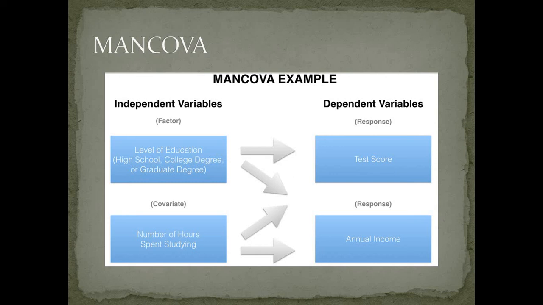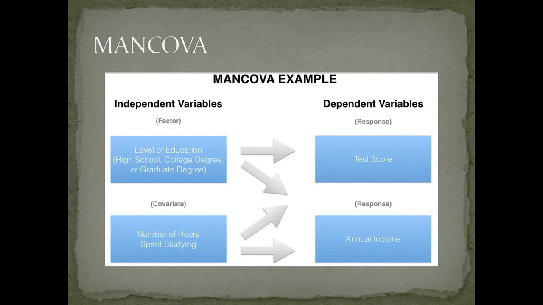So the first independent variable is categorical. The second independent variable is continuous. But the dependent variables are now two. The dependent variables are test scores and annual income, and both of them are continuous in nature. So we can say MANCOVA handles such kind of situations where the dependent variable is more than one.